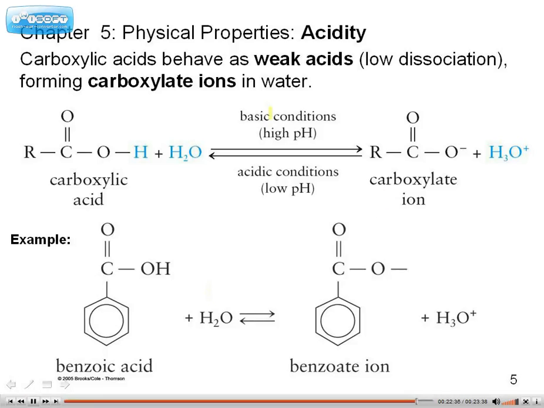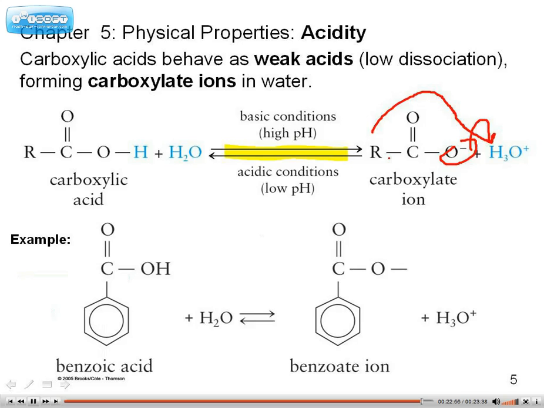Again, this is what we call a reversible reaction, because as soon as it lets it go, since it's a weak acid, it may immediately change its mind and pick it right back up.